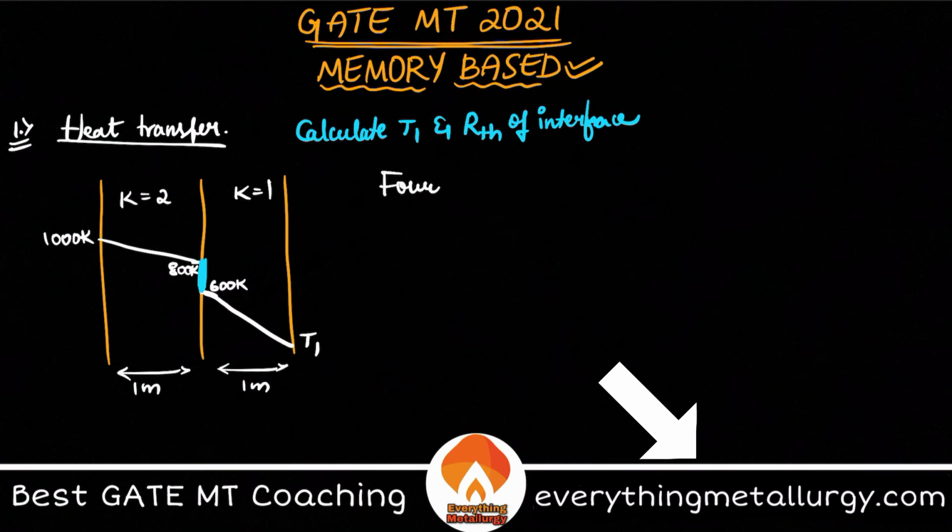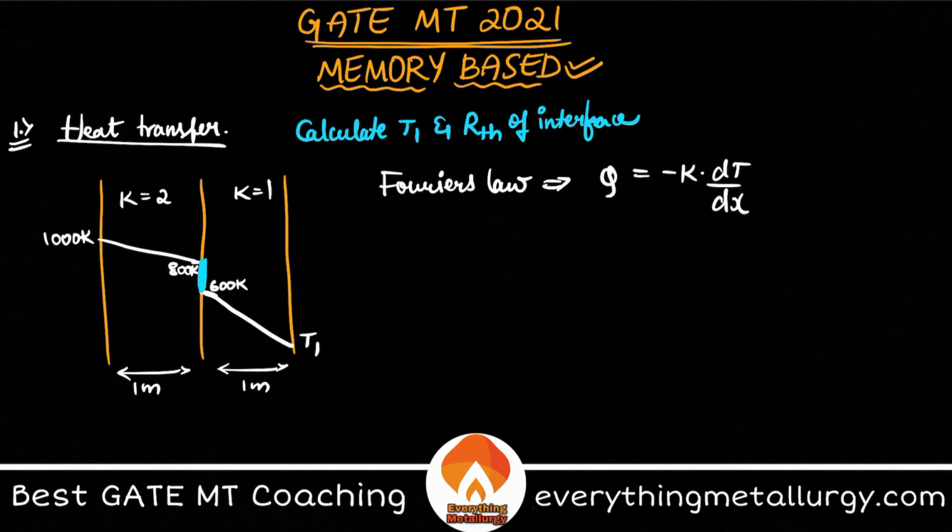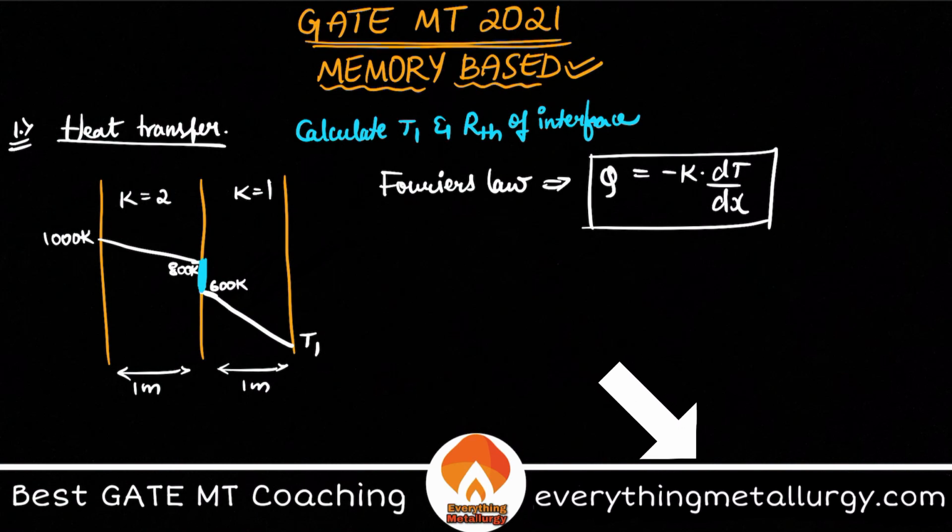So what is Fourier's law? Fourier's law tells me that Q by A, the heat flux, is equal to minus K dT by dx. If you are dealing with the temperature correctly, there is no need to take this negative sign.